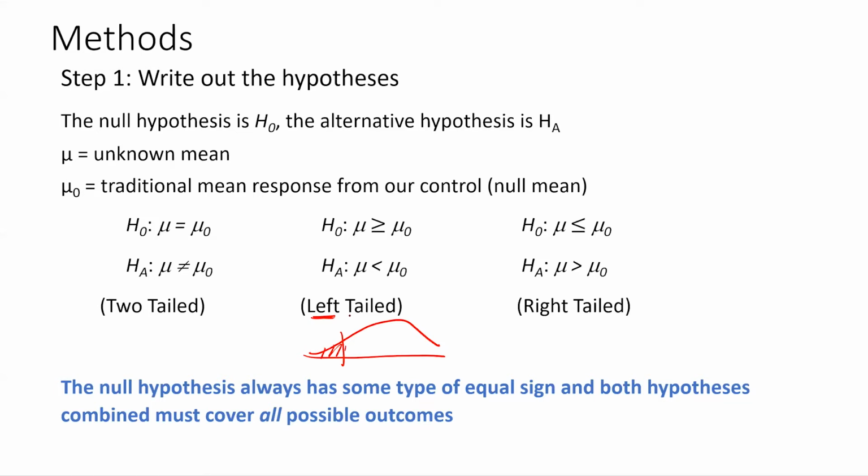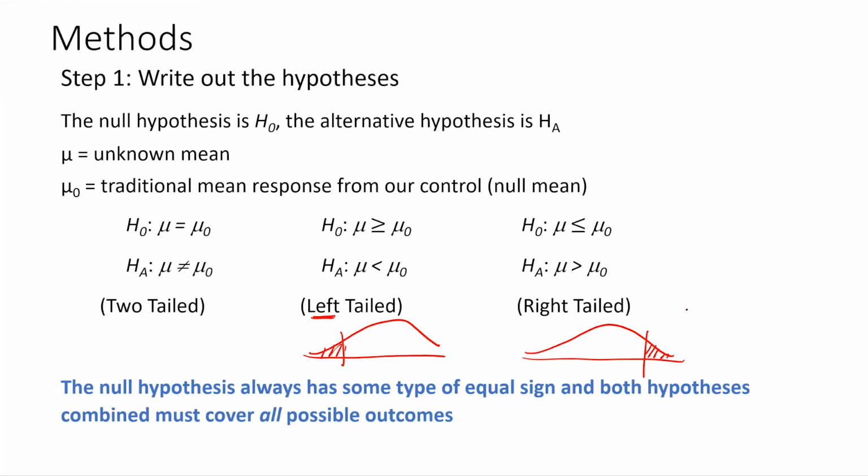For a right-tailed test, our null hypothesis is that our mean is less than or equal to the null mean, and our alternative is that our mean is greater than the null mean, which again makes sense because we're looking at the right tail of the distribution.